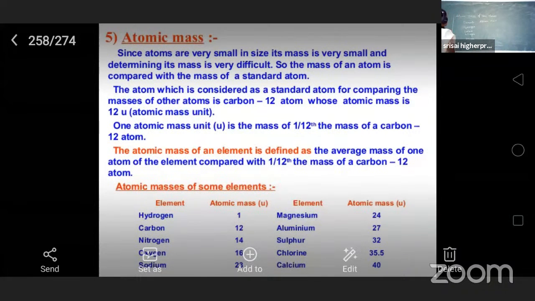Sodium, magnesium. Then aluminum. I'll take two columns here.